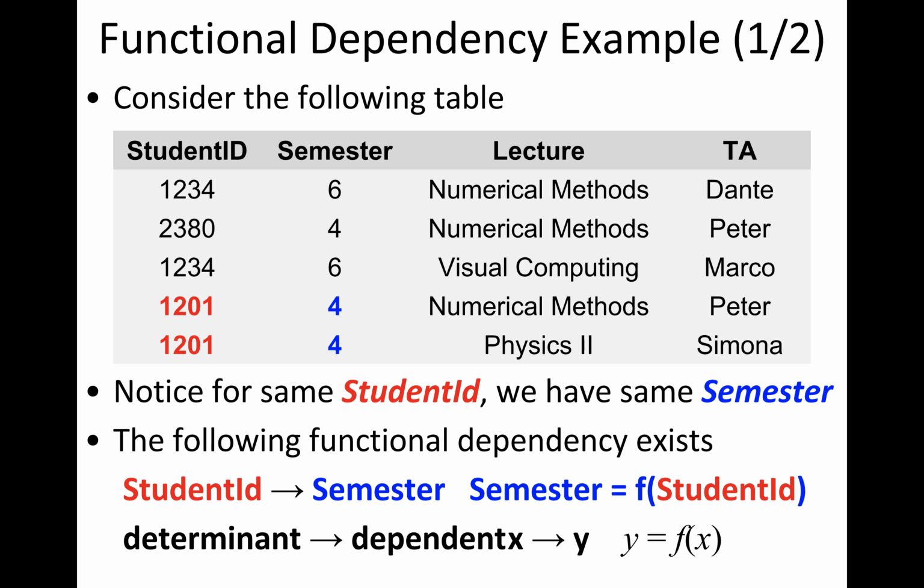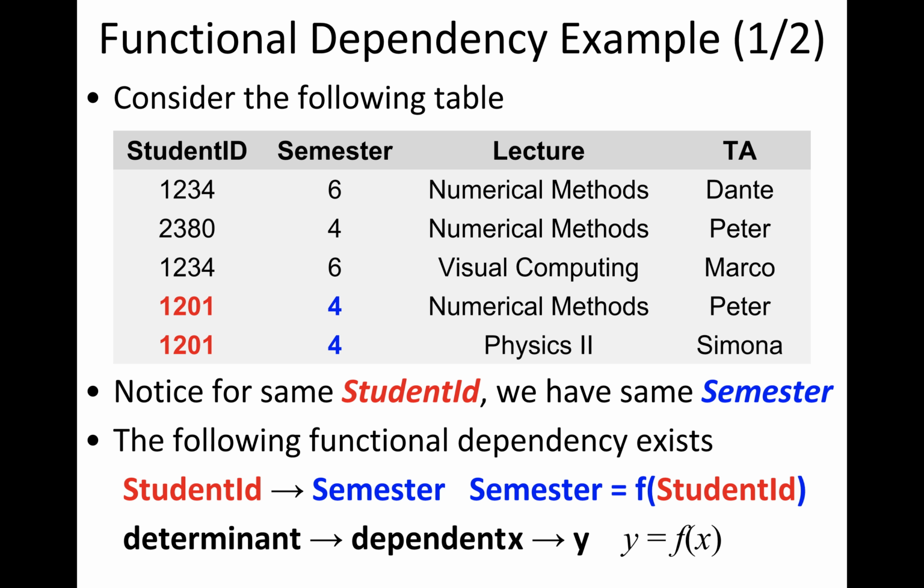So let's take a look at some examples on how we might capture some dependencies amongst fields. Here we have students, the semester that they're currently in, the lectures that they're coming to, and the TAs.